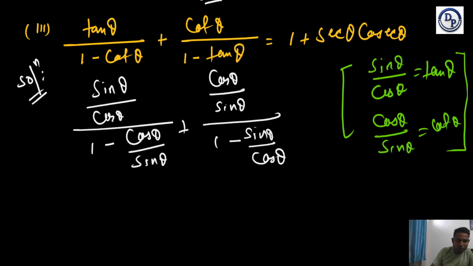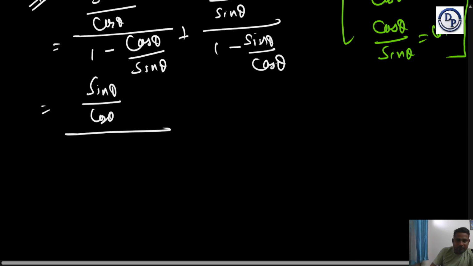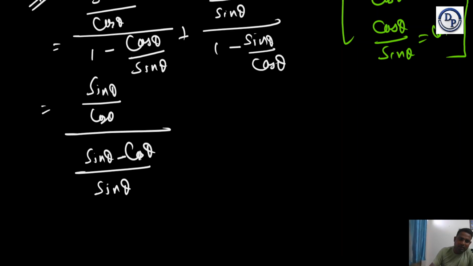The next thing is what we can do. So we can leave it as is, and we take LCM here. When we take LCM, we'll get sine theta, and this sine theta goes here, this sine theta goes here. So this is sine theta, and this will remain as usual because the LCM is sine theta, and the denominator is also sine theta.